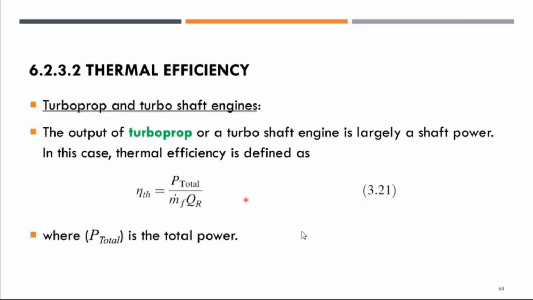For turboprop and turboshaft engines, the output is largely shaft power. In this case, the thermal efficiency is defined as P total over m dot f QR, where P total is the total power produced by the turboprop or turboshaft engine.